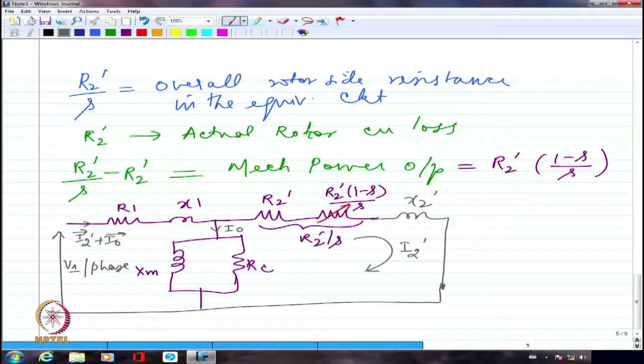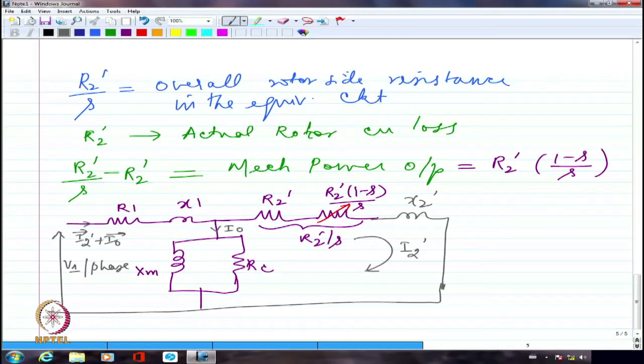No way it can be capacitive. No way it can be resistive. So always an induction machine will work at lagging power factor only. It cannot work in leading power factor or unity power factor at any point in time. This is one of the major disadvantages of the induction motor.